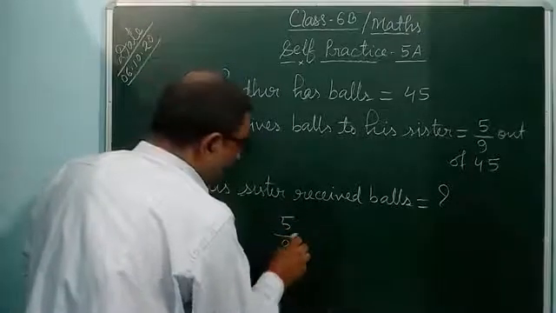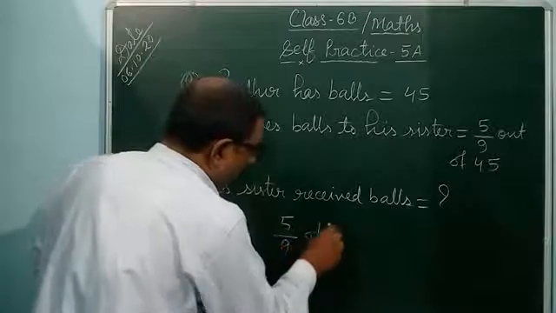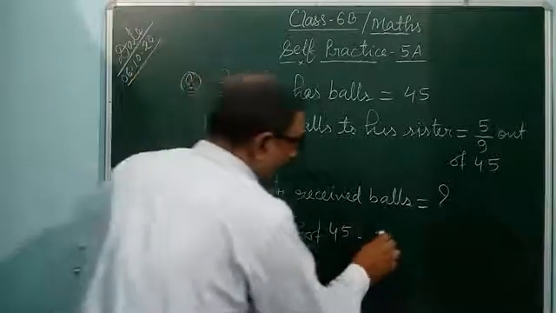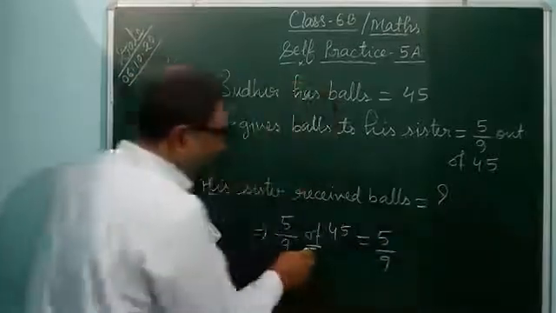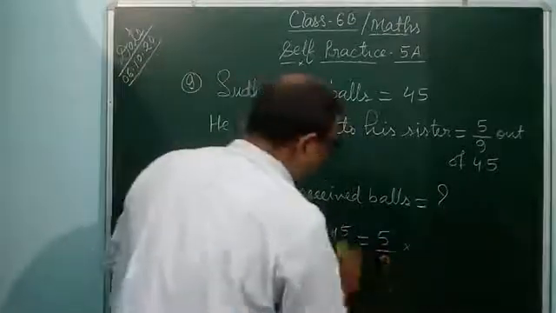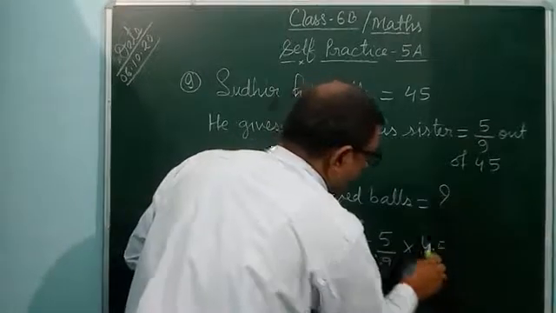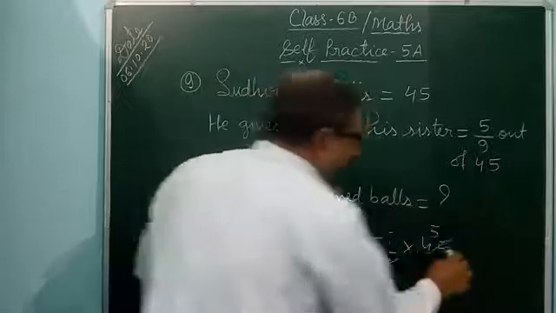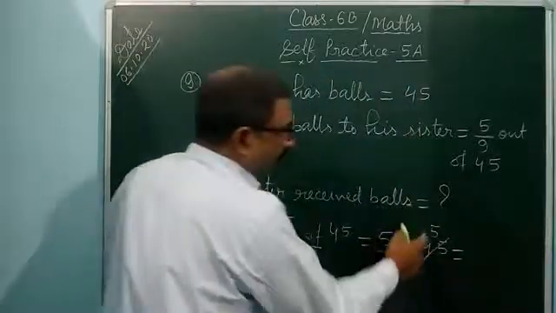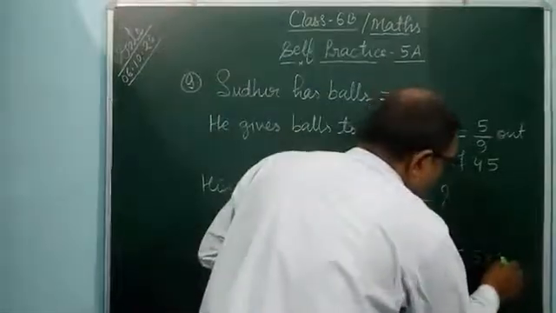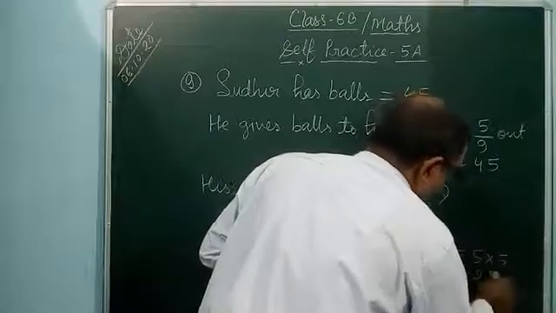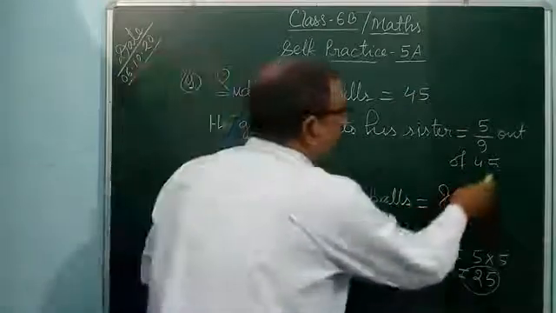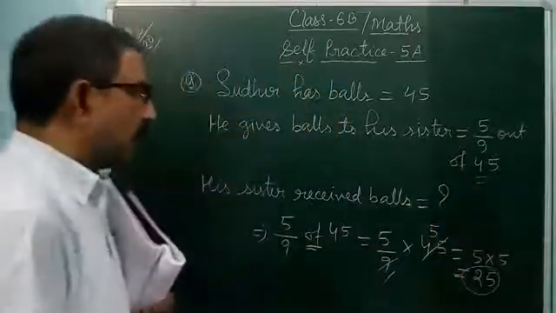So 5 by 9 of 45. You can write 5 by 9 of 45. It means 5 by 9, in the place of "of" you can put multiply and 45. 9 1 is 9, 9 5 is 45. Again you can write 5 here, 5 multiplied by 5. It means 25. So out of 45 balls, his sister received 25 balls.